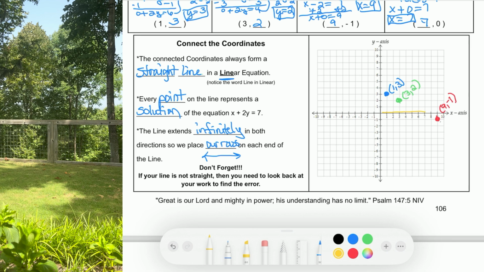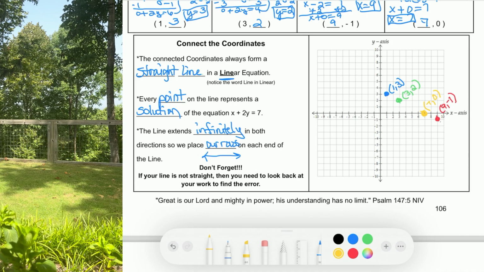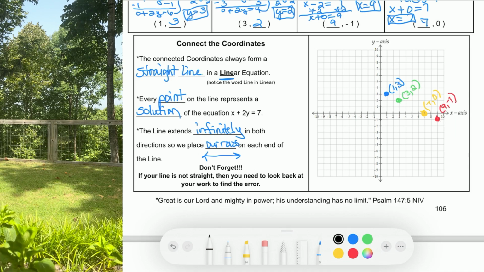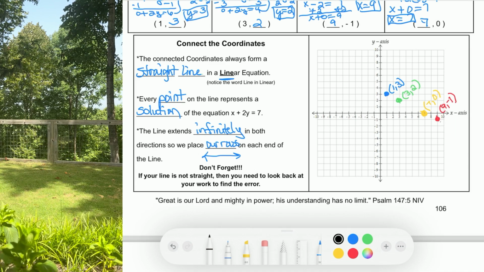So I'm going to go over to 7. Our y is 0, so I'm not going to go up anywhere. So our coordinate is actually right there on our x-axis. Now I'm going to label that one 7, 0, just so we can remember which one was which. Now I'm going to connect my coordinates, the dots that I placed.